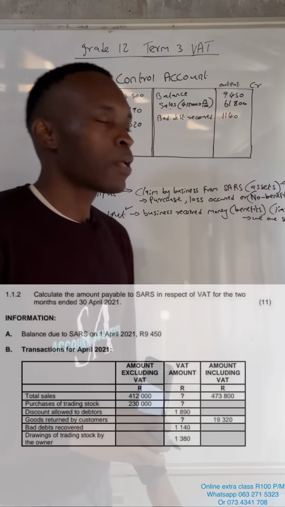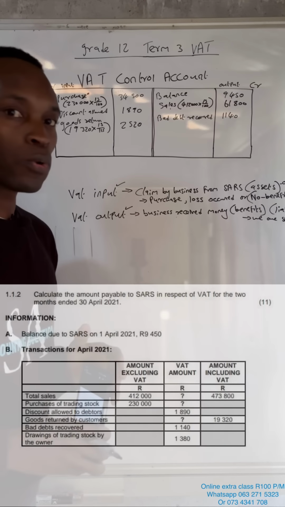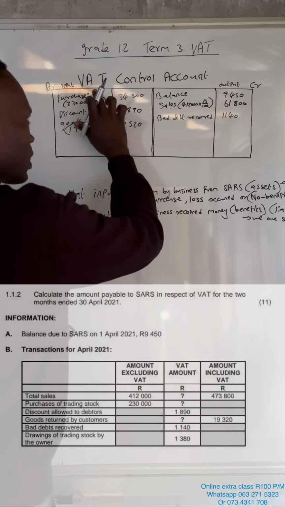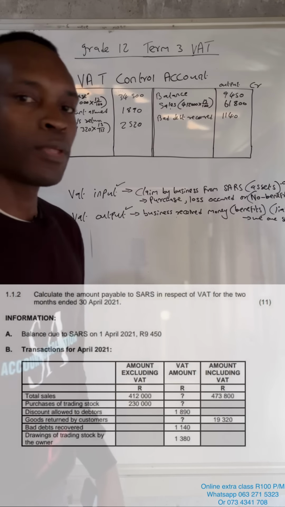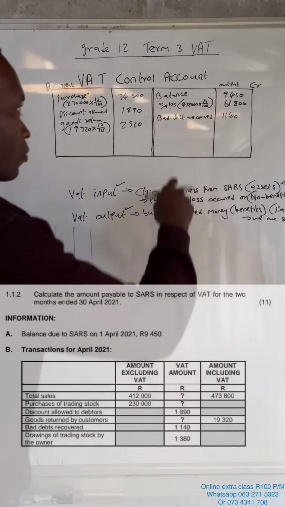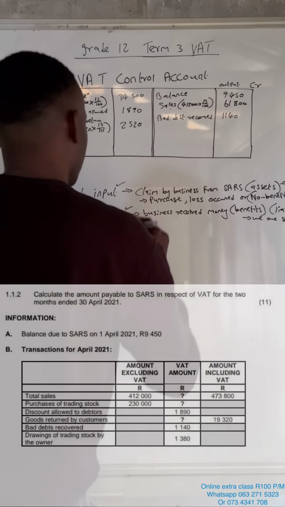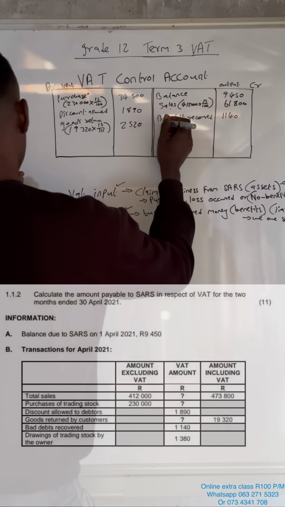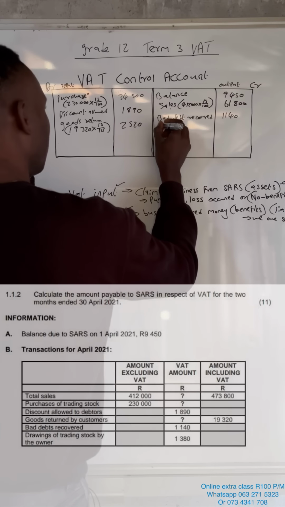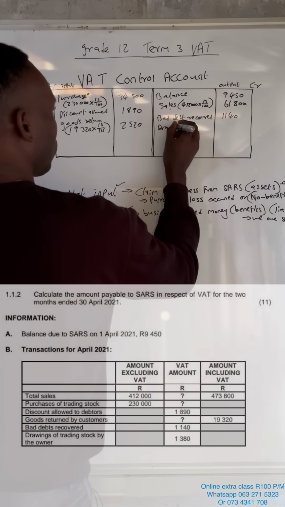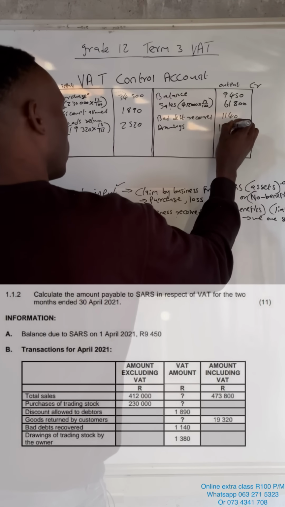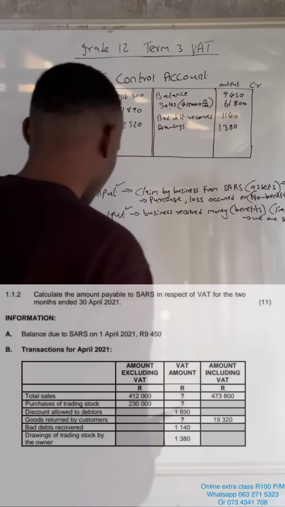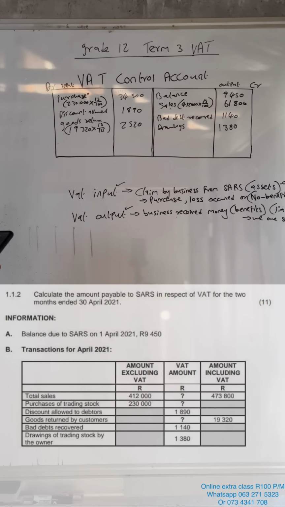But because we never sold it, but the owner withdraw it, which means that we must reverse the claim by doing what? By recording it under output. The owner has benefited, so he must pay to SARS. He must pay what he has claimed before. Okay, drawings, there is a benefit by the owner, 138.